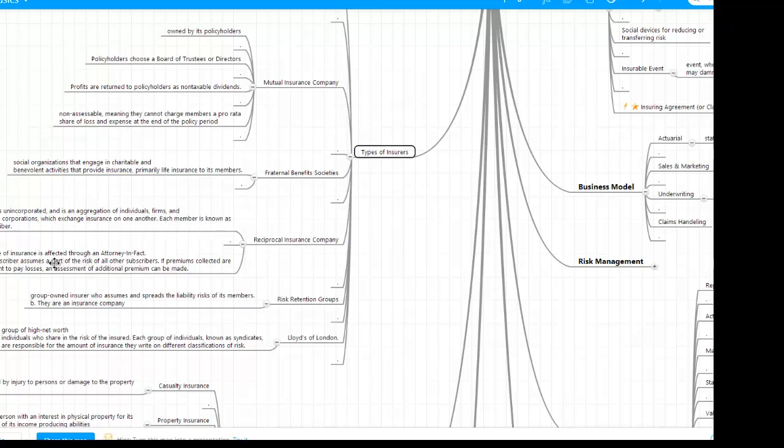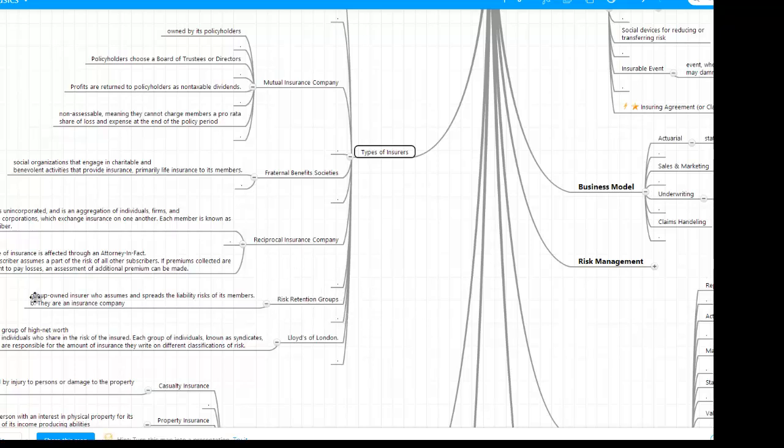The exchange of insurance is effected through an attorney-in-fact, and each subscriber assumes a part of the loss, or part of the risk of all other subscribers. If the premiums collected are insufficient, then an assessment of additional premiums can be made.